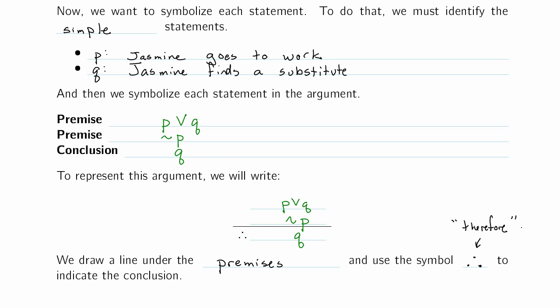And that looks kind of like when we write out like long addition or something. The things we're putting together, and then we have a line underneath, and the conclusion we think of as somehow the result of the argument. And we mark the conclusion with that special therefore symbol. So that's how we go about symbolizing an argument in order to analyze it with a truth table.